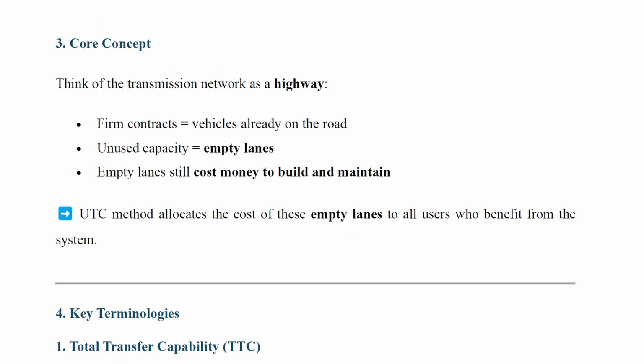Even though they collect toll for some 30 kilometers or some 15 kilometers of distance, they need to maintain the whole road, and everyone working in the background in the toll plaza needs to be paid. There are capital and initial costs, so even whether vehicles run or not, some flat rate tariff will be there at the toll gate. Similarly, here empty lanes still cost money to build and maintain. So the UTC method allocates the cost of these empty lanes to all the users who benefit from this system.